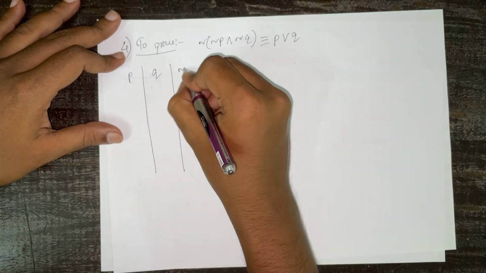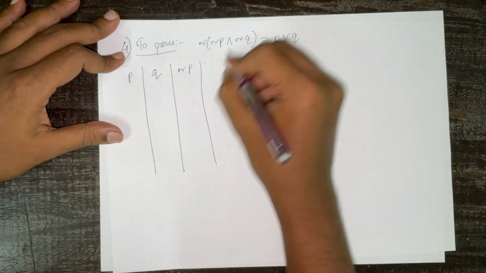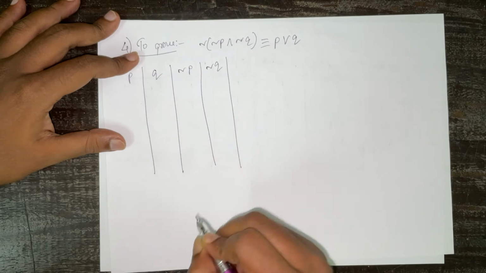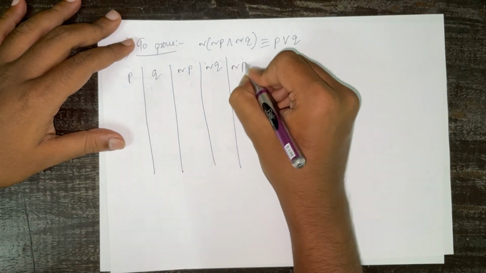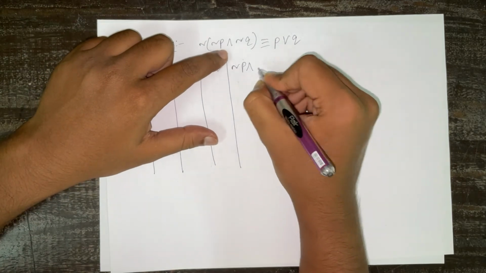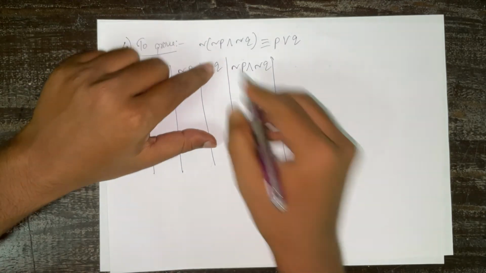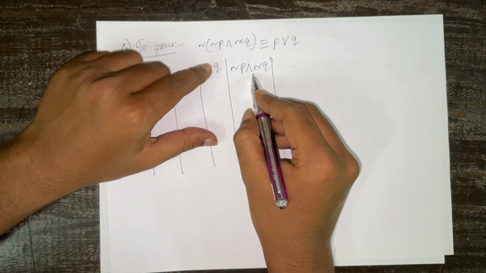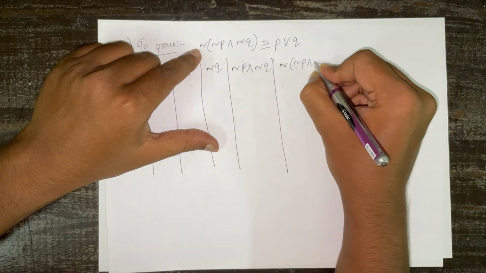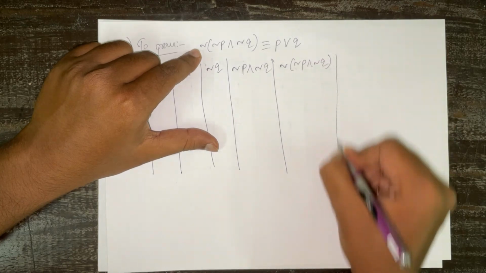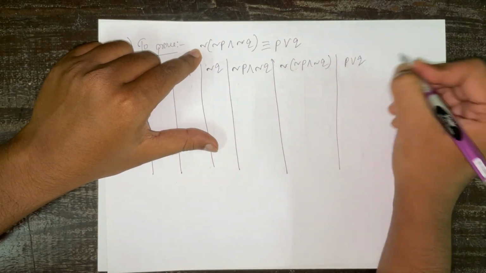We need negation of p, we need negation of q. Okay, then we need negation of p conjunction negation of q. This part we will also need the value, and finally we will need negation of p disjunction negation of q, and finally p disjunction q.